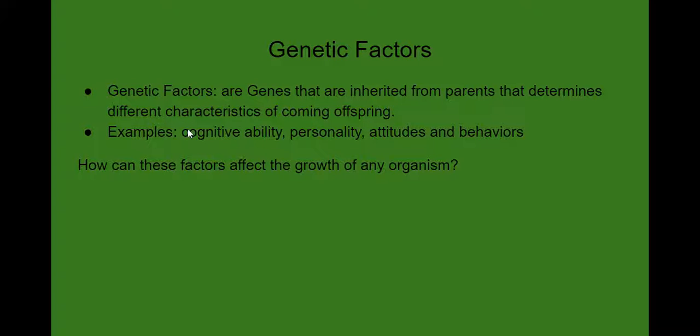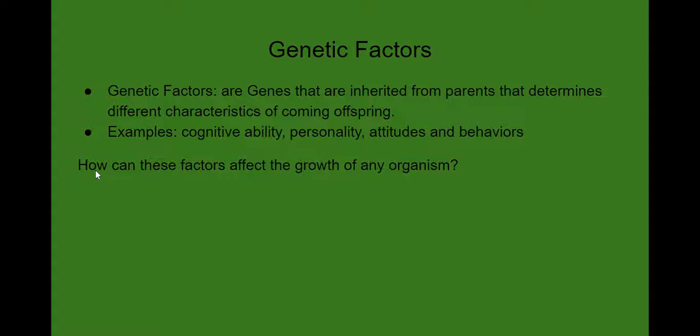Now, some examples are your cognitive ability, which means your ability to think, how you think, your personality, your attitudes, and your behaviors. What else could we talk about? Your skin complexion, your freckles, all those things you get from a gene, okay?